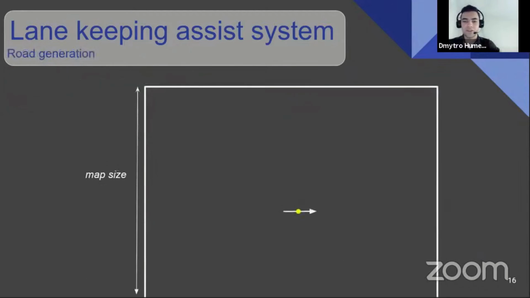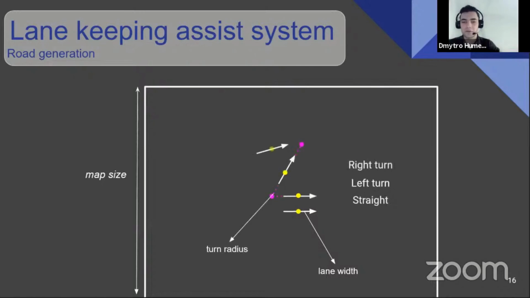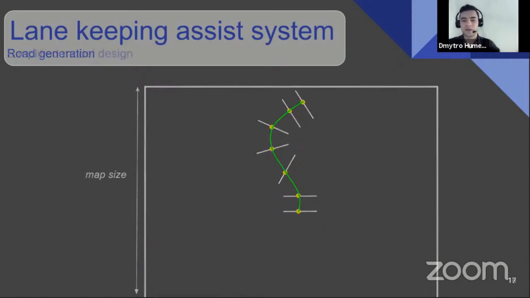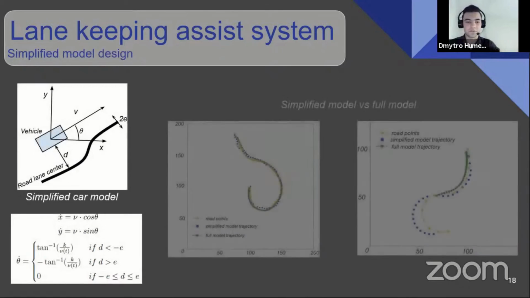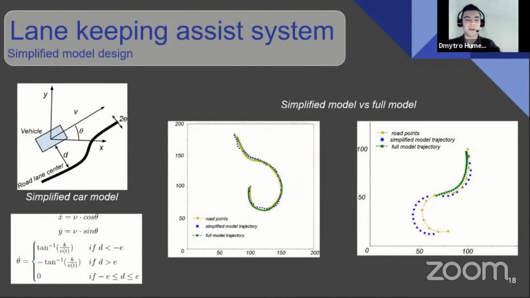Here is an example of how we generate the scenario depending on the commands. For example, straight command, turning right, going straight. After going through the sequence of these commands, we obtain a sequence of points, which we then use to evaluate the fitness of this scenario.